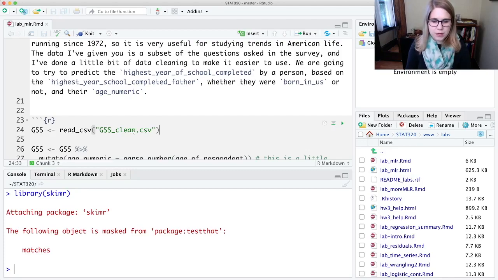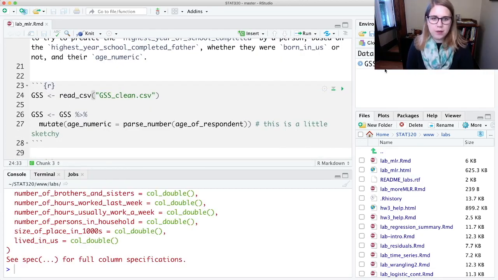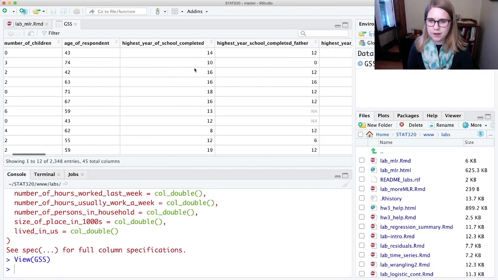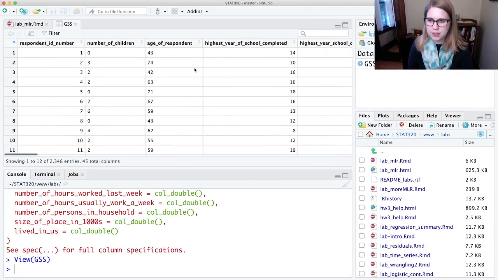I would recommend you download it, put it into your same folder with all your other files, which should hopefully be associated with a project in RStudio. So then you should be able to read in this GSS data. If you want, you can click on it and scroll around and look at the information in here.